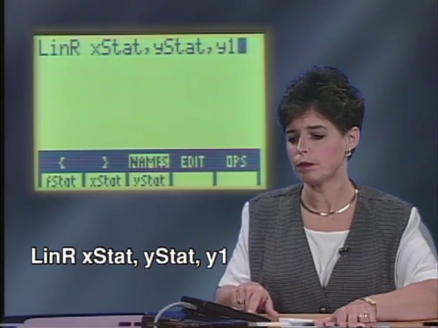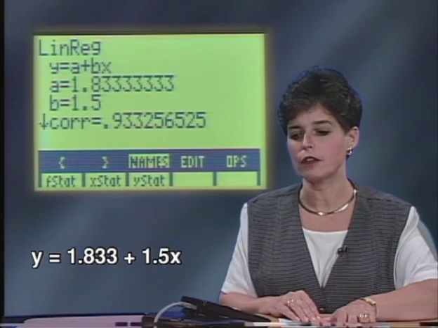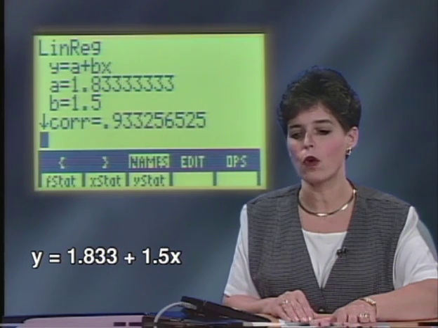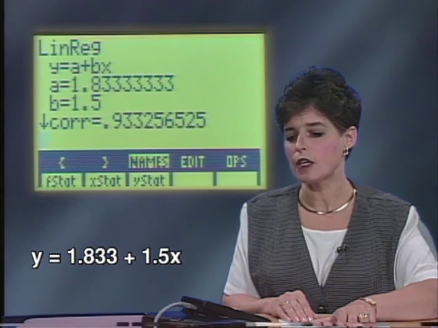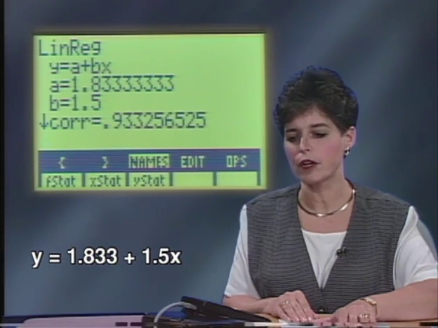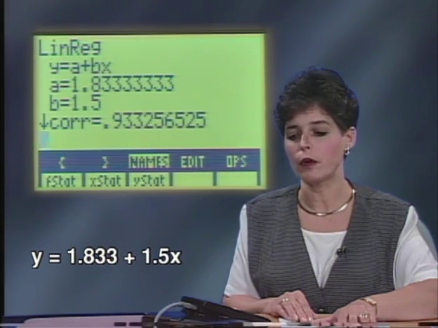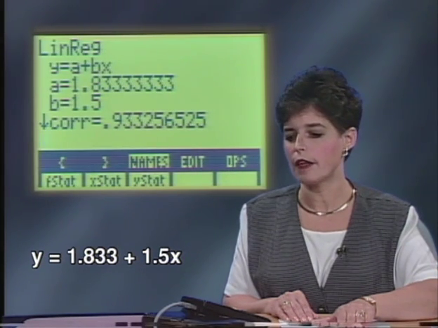Press enter. And we find that the calculator has told us that when y equals a plus bx, and a is 1.8333 and b is 1.5, that I have a linear regression equation that most closely fits the ordered pairs that I have drawn.